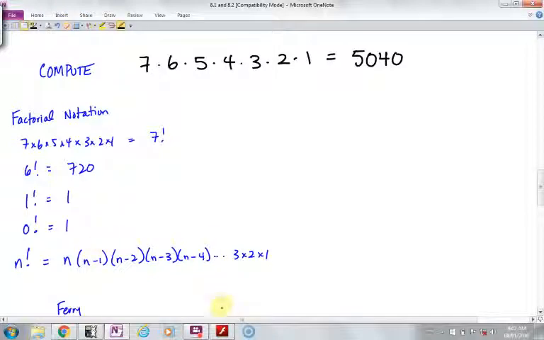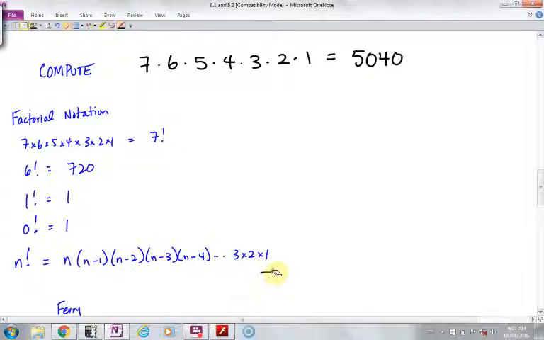Okay? And then, n factorial is n. So we always start with whatever that number is, and then the next number down, n minus 1, is 1 less than that. Then the next number down is n minus 2, n minus 3, n minus 4, and so on until we stop. We always stop at 1.